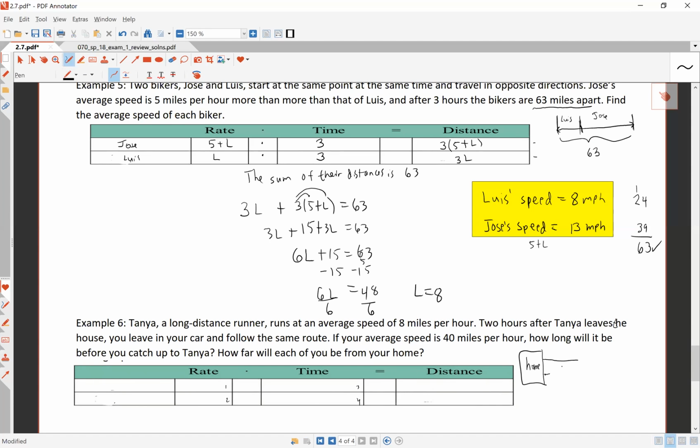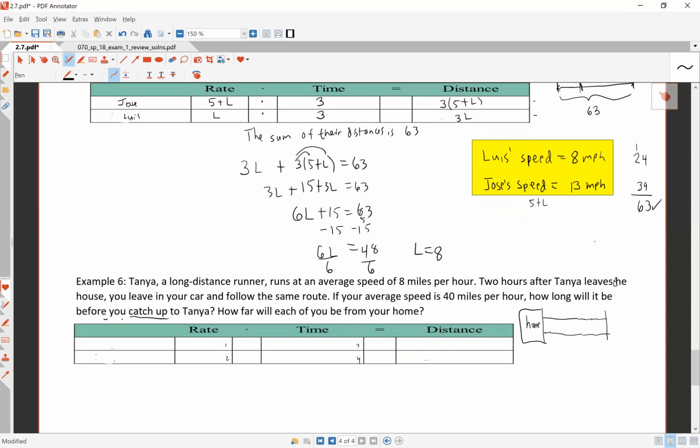But as we go, she's still running, but she runs so slow compared to us that pretty soon we're going to end up catching up with her. So this is a catch-up game. The key words in this problem are catch up to Tanya. More on that in a little bit.